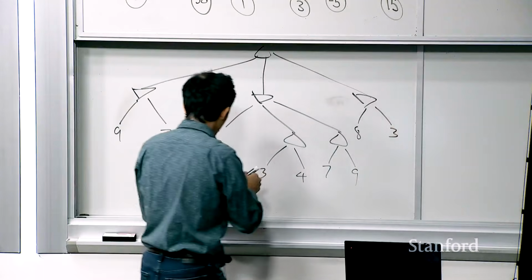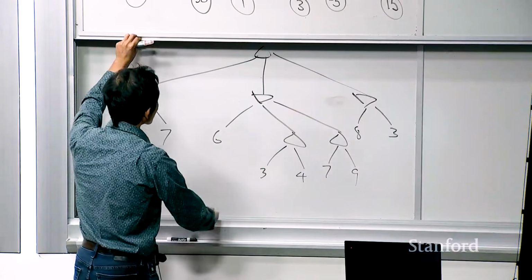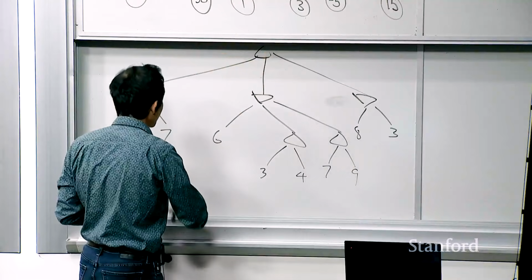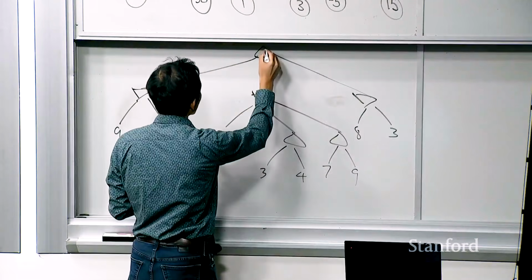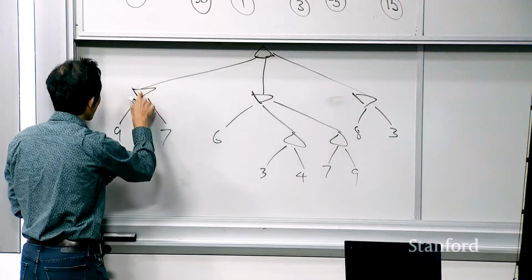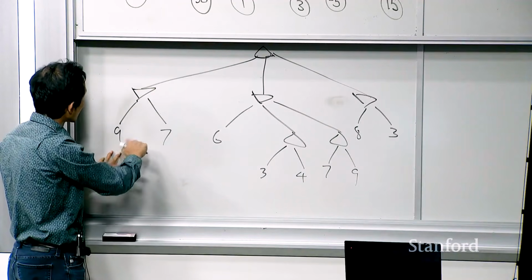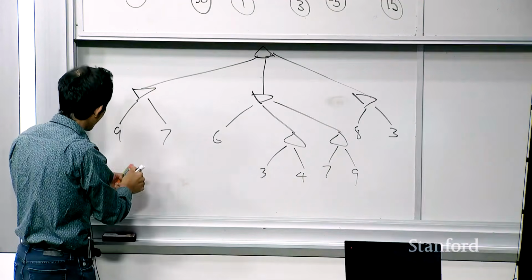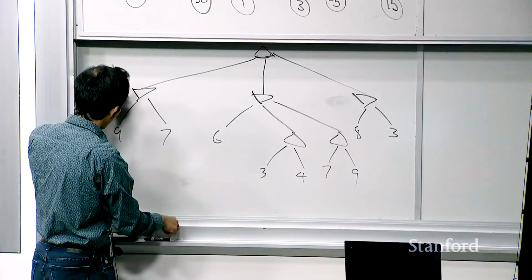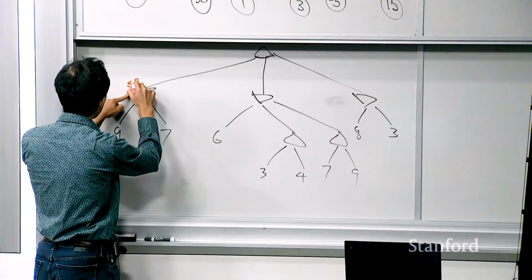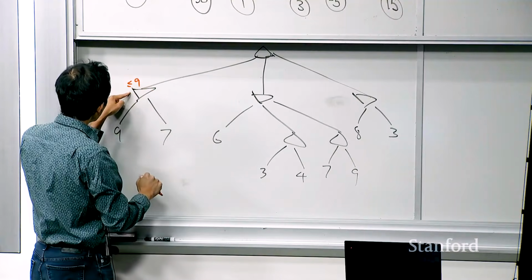Okay, so suppose we're doing minimax, or alpha beta pruning. Initially, for the intervals, we don't know anything. So we're going to go over here, come down here, discover the 9. At this point, I come up here and I say this has to be at most 9.